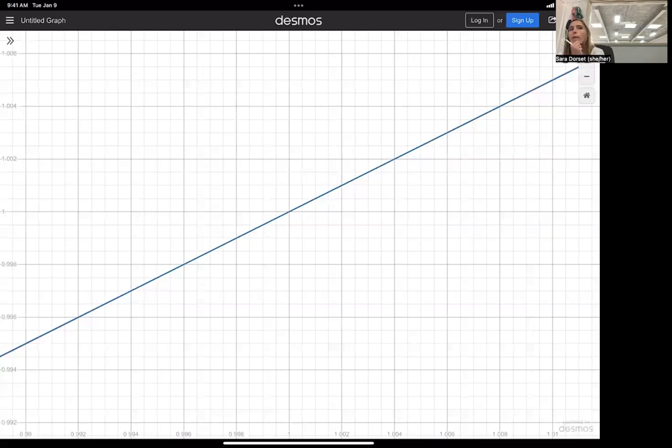So that's why we are able to say that the slope of the tangent line is the slope of the function at x equals 1, that their instantaneous rates of change are the same. We can say that the function is locally linear at x equals 1 because we can zoom in and the graph looks like a line. It looks like the line that's represented by the equation of our tangent line.